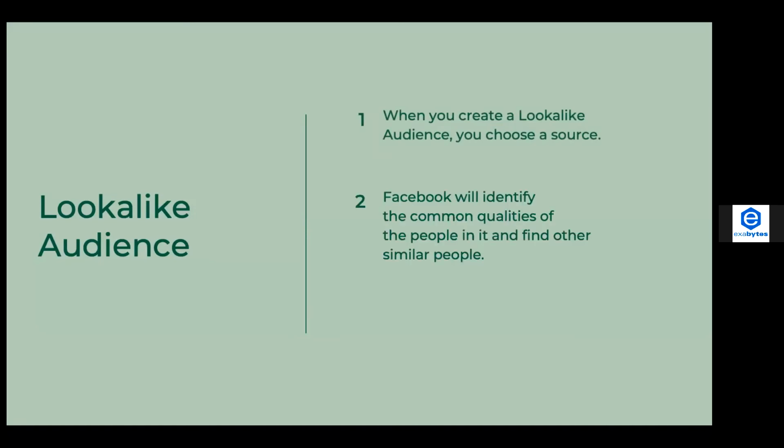You can't create a lookalike audience from someone else's audience. You must create it from your own audience. Facebook will then identify the common qualities of people in that source audience, for example people who have purchased a certain product or a certain value from you if you're running an e-commerce store, and will then use this source audience to find similar people to target your ads to.